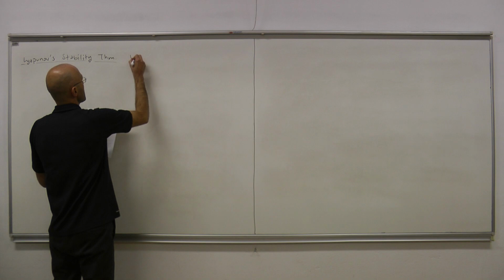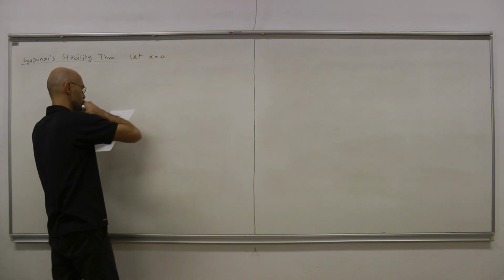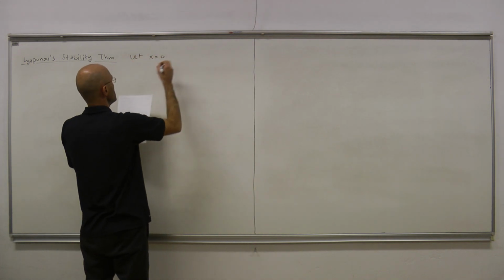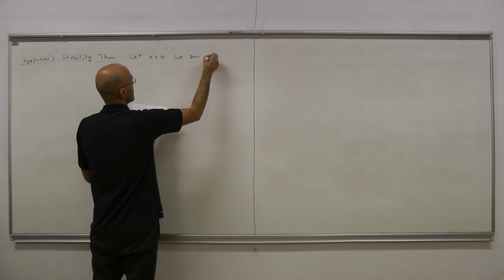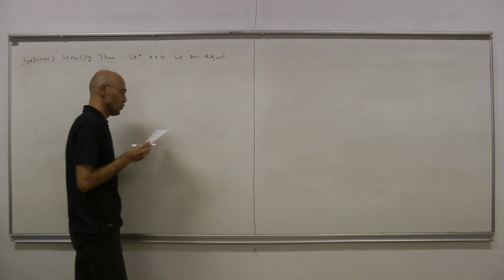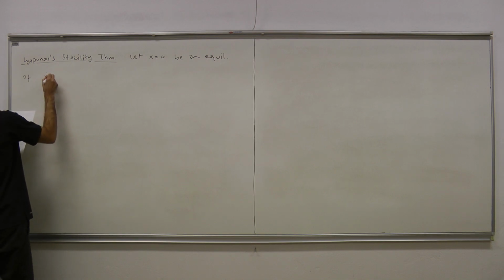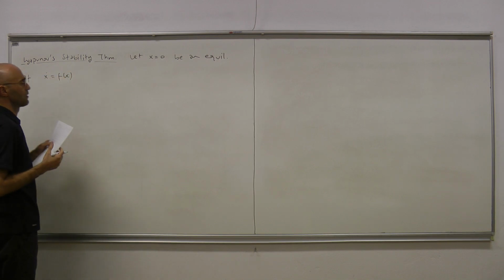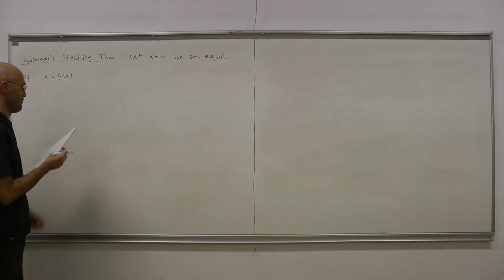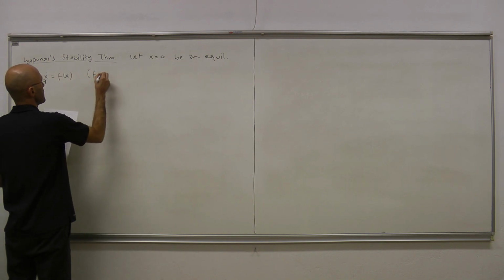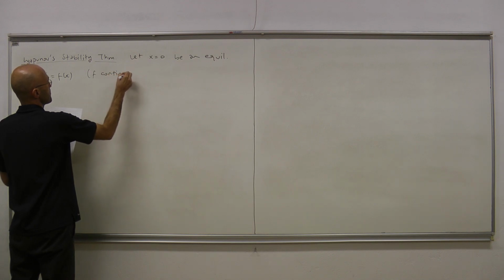So let x equals 0, the origin, be an equilibrium of the system denoted by x dot equals f of x, and suppose that f is continuous.